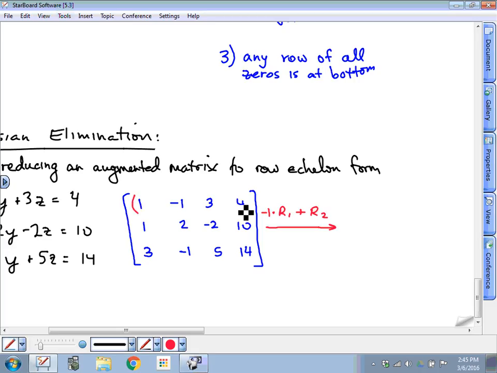Well, if I multiply the top row by negative 1, and then add that to row 2, and make that equal row 2, what that's going to do is put a 0 right there, exactly where I want it. Okay. So this row operation is going to replace row 2.